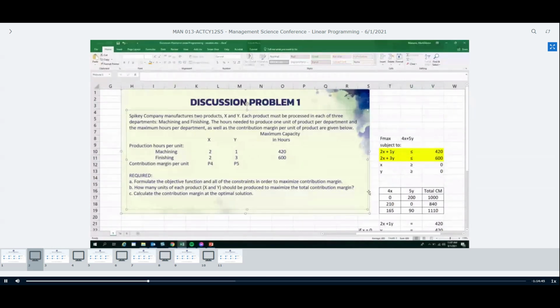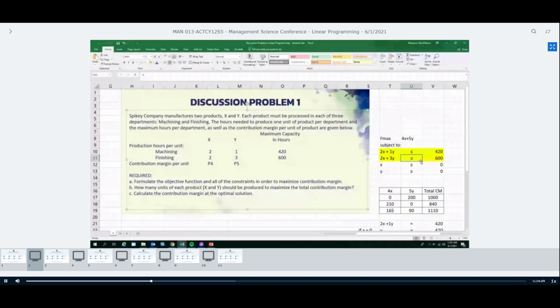So that's 2x, 2 hours per unit of x, plus 3y, 3 hours per unit of y, is less than or equal to 600. So kung napansin nyo class, wala pa tayong naba-violate, no? Ginagawa pa lang natin, sinusulat pa lang natin isa-isa yung constraints, in algebraic form, no?